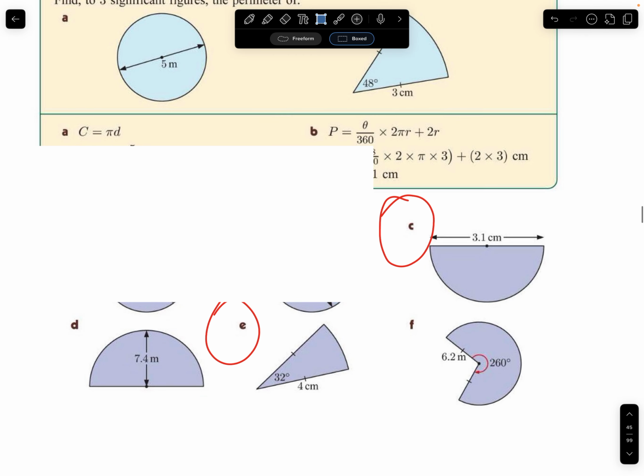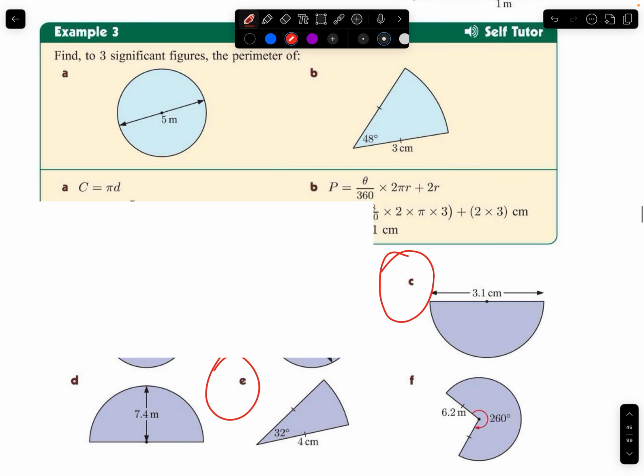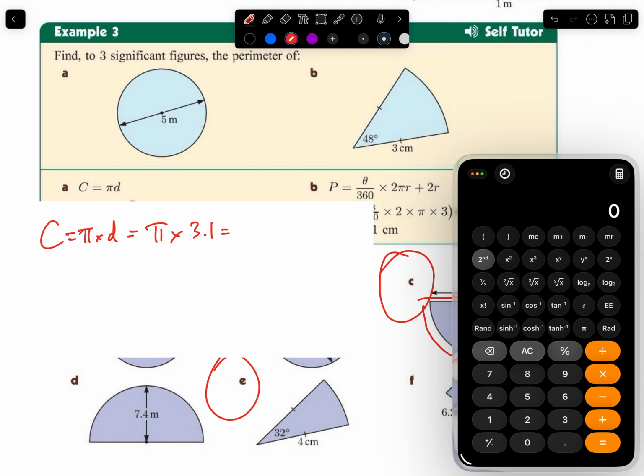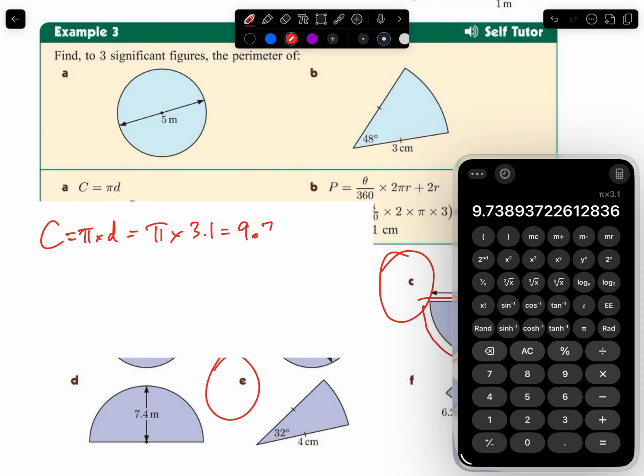So, you're finding the perimeter of this, which is half a circle plus a line. The circumference of a circle is pi times the diameter. So this is pi times 3.1, which is 9.74 centimeters to 2 decimal places.